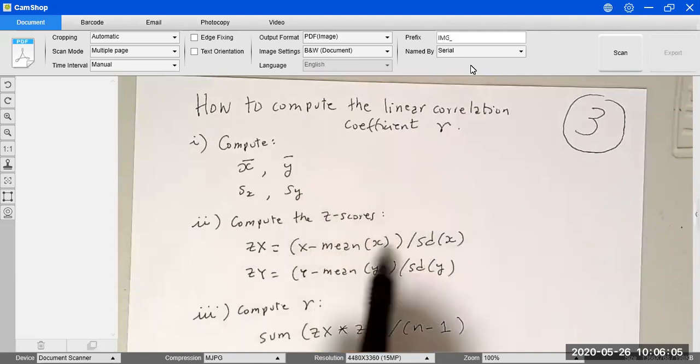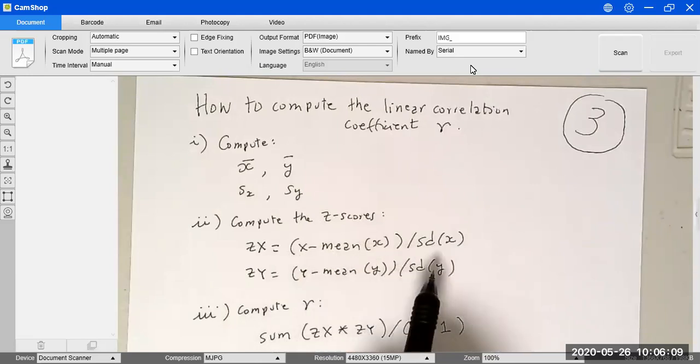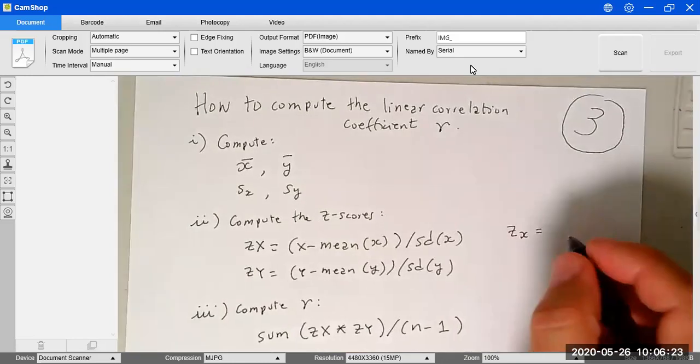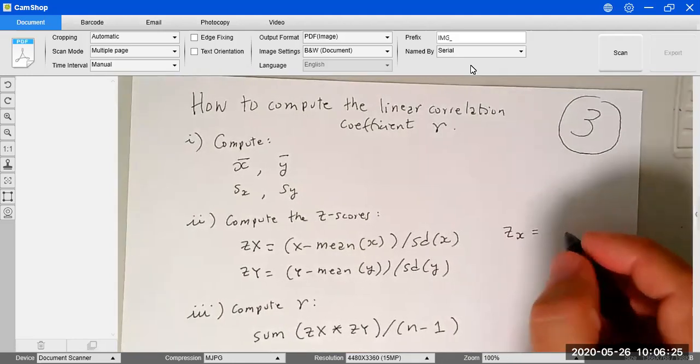I'm just writing here the formula that we're going to use in R to do that. But this formula comes from the formula that we learned in the last chapter about the z-score. So the z-score is just x minus the mean over the standard deviation of x, and the z-score for y is just the value y minus the mean of the y's over the standard deviation of y.